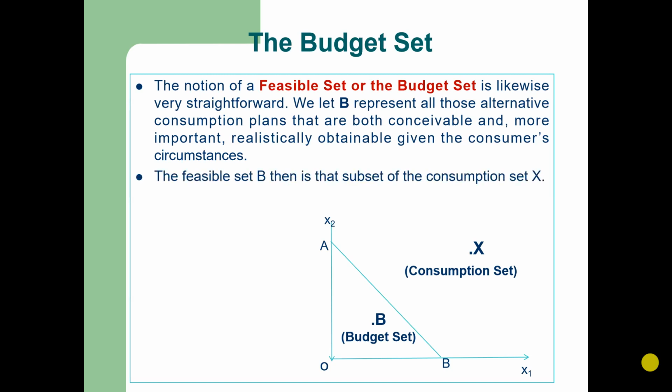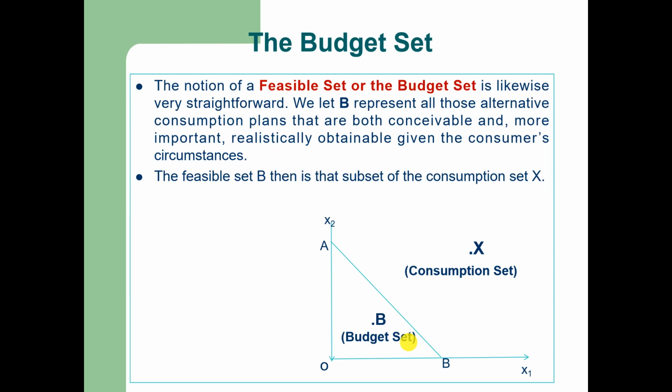The feasible set B then is that subset of the consumption set. In this figure, you can see that this whole area is the consumption set, and this triangle below the AB line is the budget set.